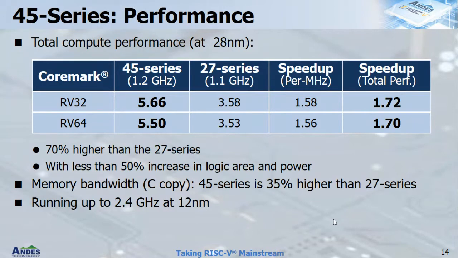The maximum frequency right now is 2.4 gigahertz at 12 nanometer. We see more and more in RISC-V that the maximum frequencies are getting higher, and that RISC-V is coming into high-end processes. For example, Andes also has customers using 7 nanometer already at this moment.